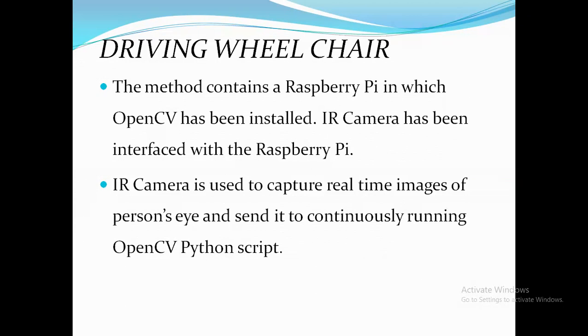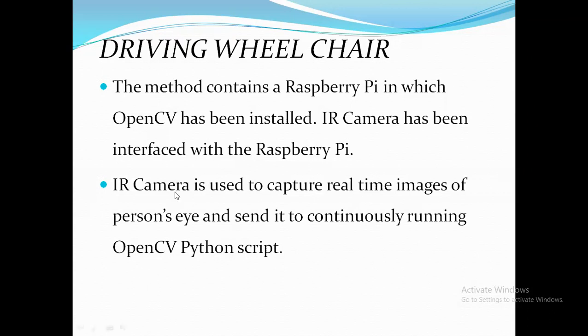Raspberry Pi is a low cost, credit card sized mini computer that we are using in this project. So the method contains a Raspberry Pi in which OpenCV has been installed. OpenCV is the platform where we run our algorithm. The camera has been interfaced with the Raspberry Pi and is directly connected to it.